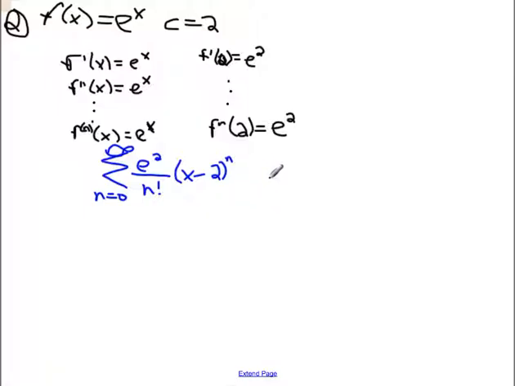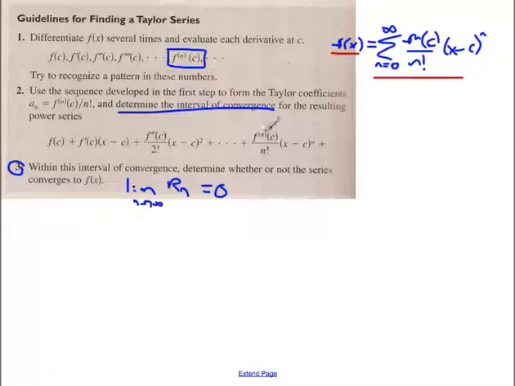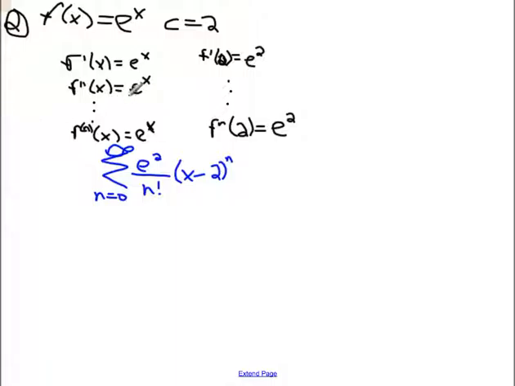Right, there you go. I mean, that one was pretty darn easy. You could go ahead and look at the interval of convergence by using the ratio test. So if it said now determine the interval of convergence, you could of course do that. I'm not going to do it on this one. It'd be a pretty simple ratio test. I'll just give you the answer. The interval of convergence is infinity on this one.